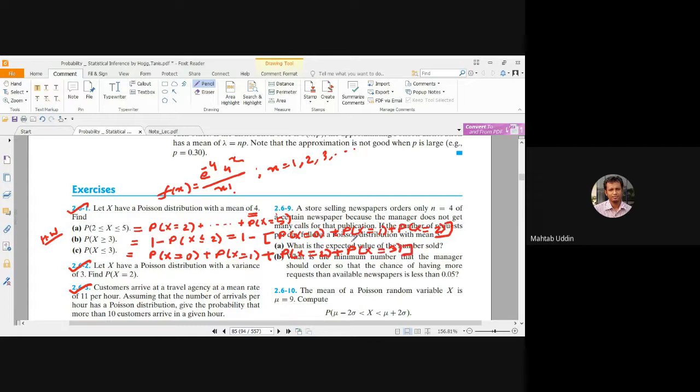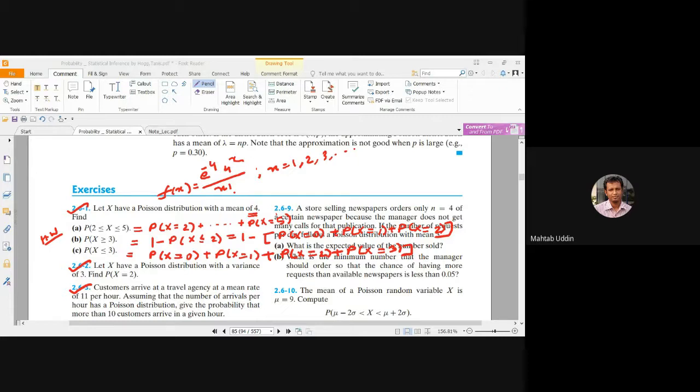But I can give you a suggestion. Since you have to find 0 to 5 actually, how many values do you need? 0 to 5, because here 0 to 3, here 0 to 2, here 2 to 5. So if you first calculate x equal to 0 to 5, 6 values, then you can put them there.